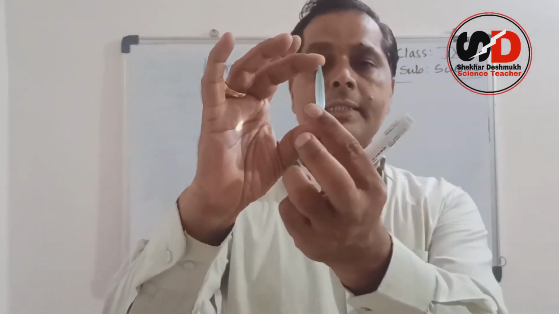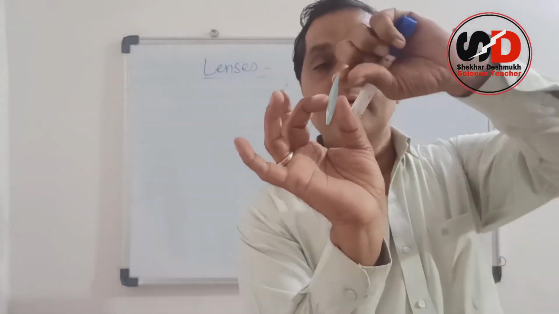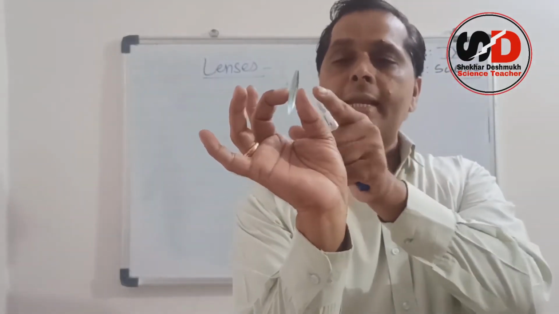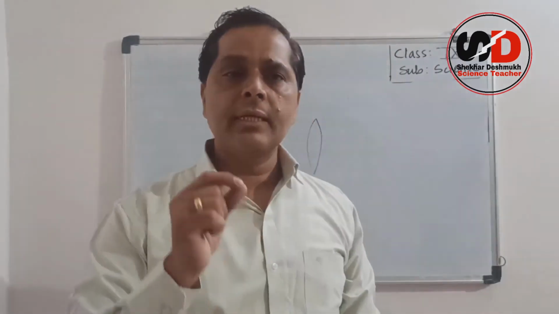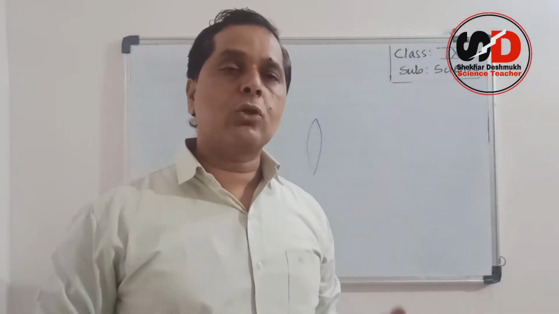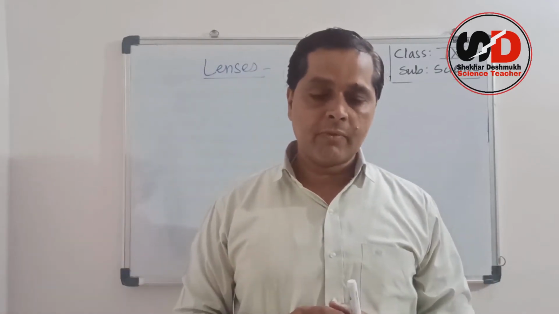We can easily see it is thicker at the center and thinner at the edge. That is a convex lens, also called a double convex lens or biconvex lens.